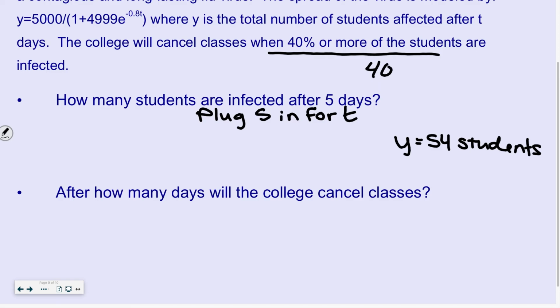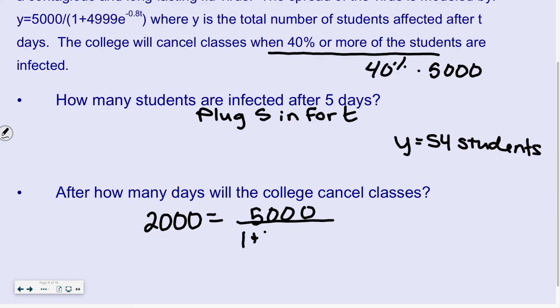So 40% of 5,000, that's 0.4 times 5,000, which is 2,000. 2,000 equals 5,000 divided by 1 plus 4,999 e to the negative 0.08t.